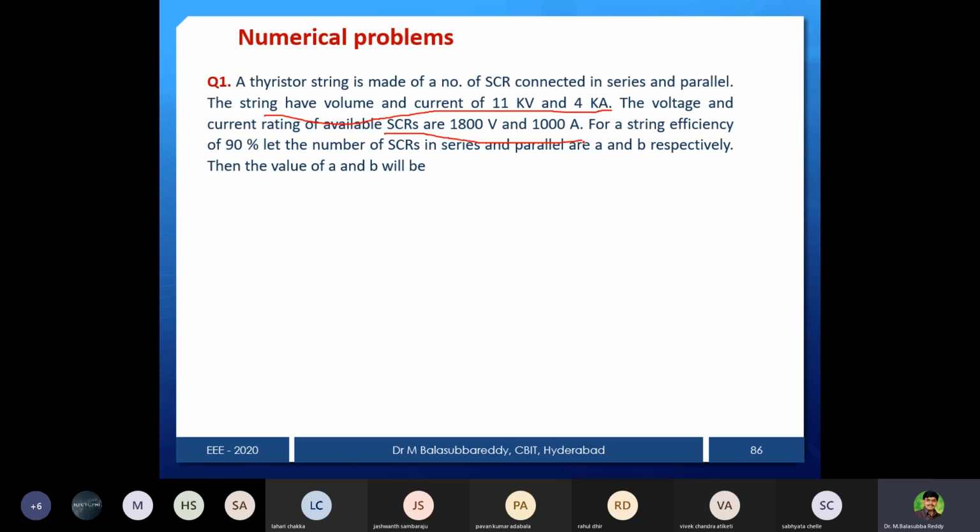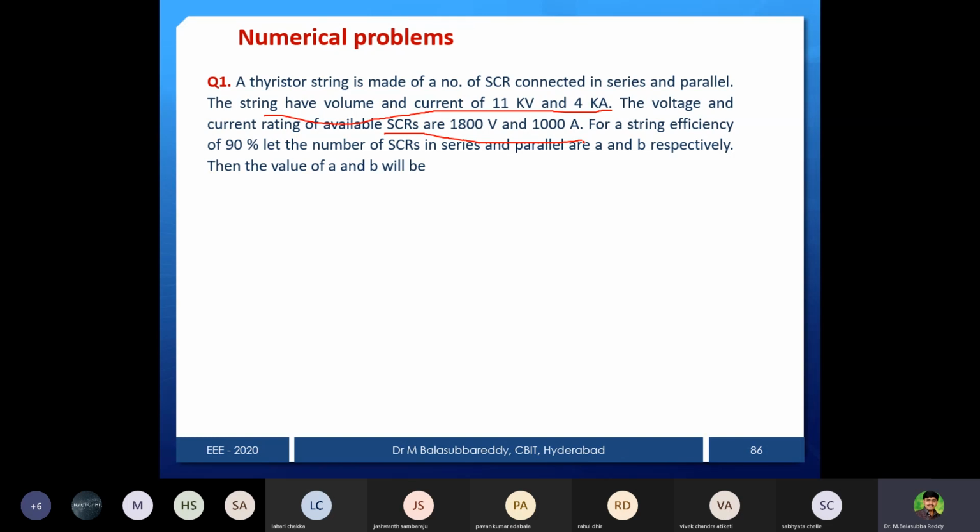But our demand is what? 11 kV demand I need to meet, and in the other case 4 kiloamperes current demand. But the available SCR is only 1800 volts. To meet 11 kV, how many SCRs need to be connected in series? And my demand is 4 kiloamperes, but I have 1 kiloampere, or 1000 ampere, SCRs.